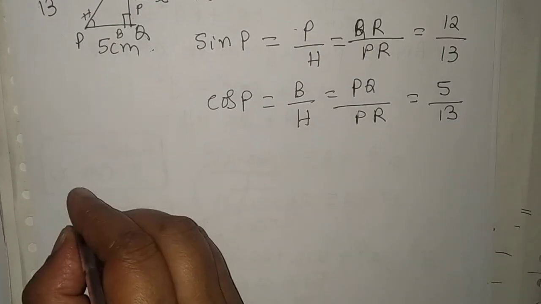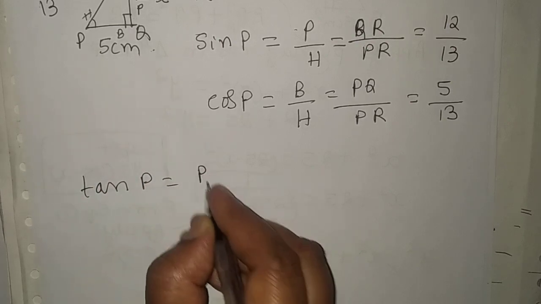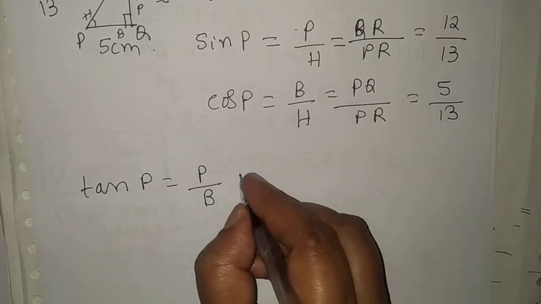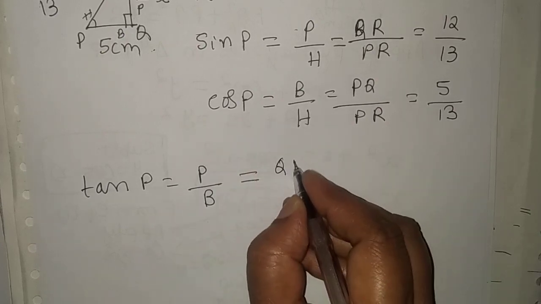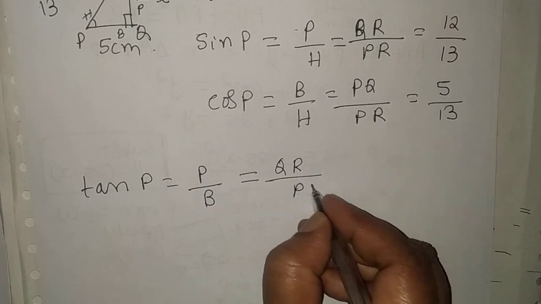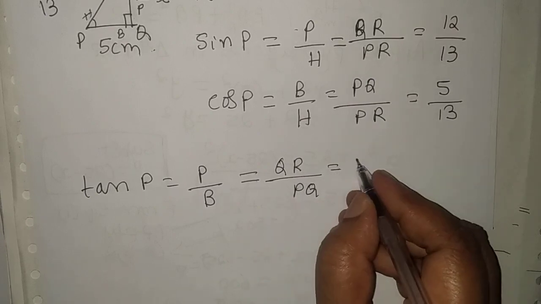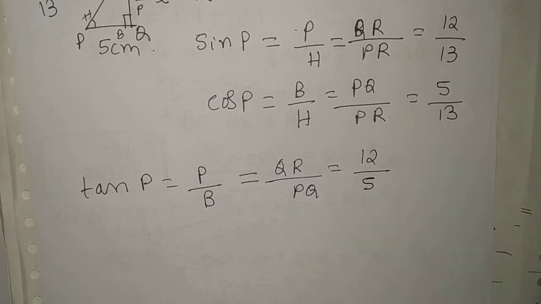The last one, tan P, will be perpendicular by base. Perpendicular here is QR, base is PQ, which is equal to 12 by 5. So this was the question, finding sin P, cos P and tan P.